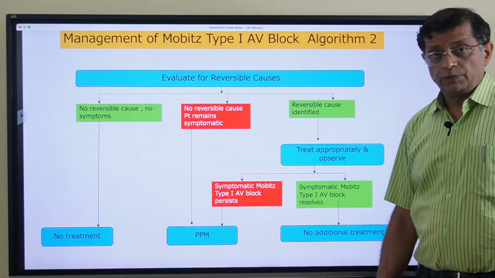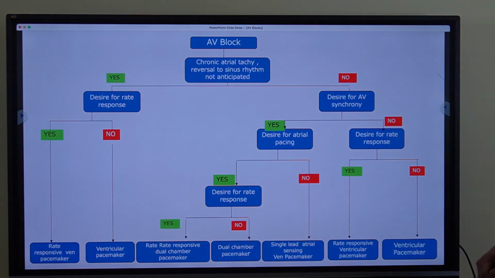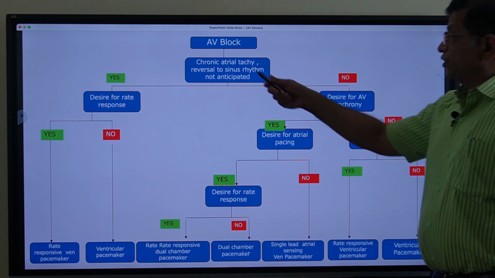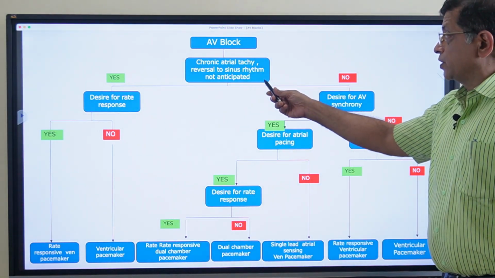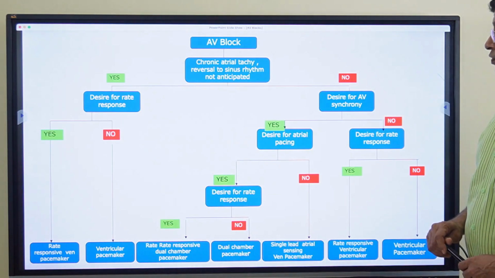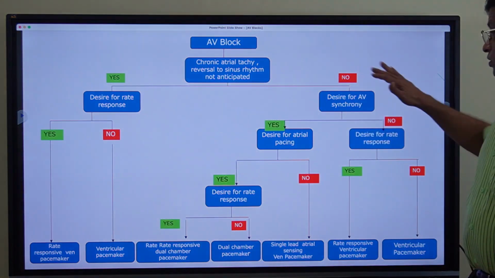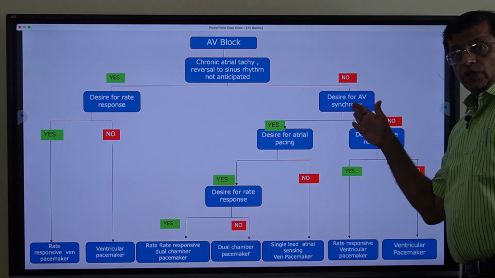for permanent pacemaker. So what type of pacemaker would you prefer in a patient who has Mobitz type 1 AV block, or for that matter any AV block? First you have to find out whether it is chronic atrial tachycardia and reversal to sinus rhythm is not anticipated. If the reversal to sinus rhythm is not anticipated, then ask whether the patient desires AV synchrony.